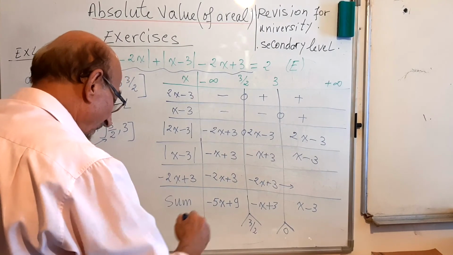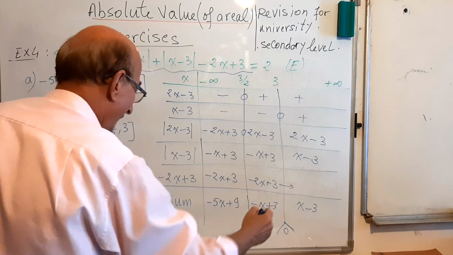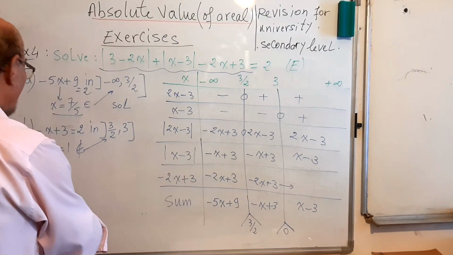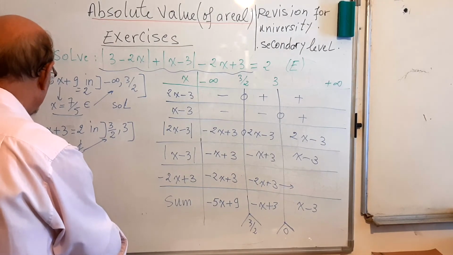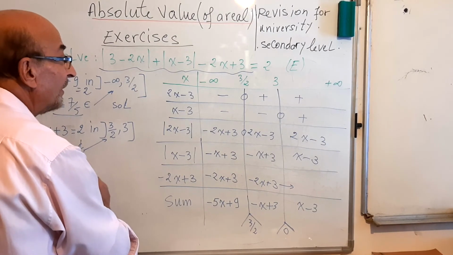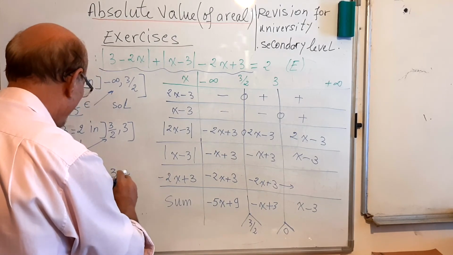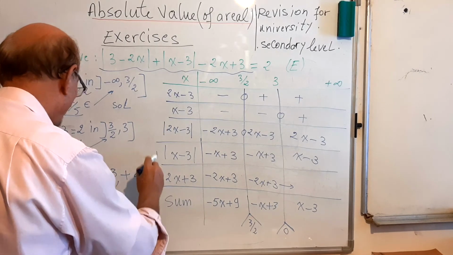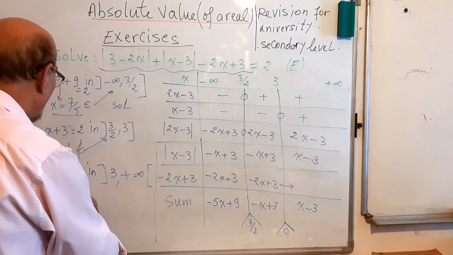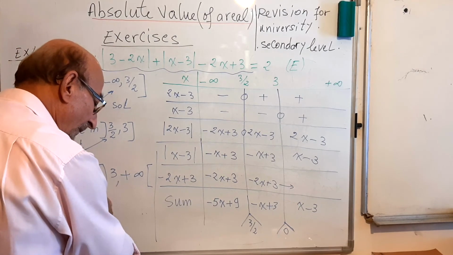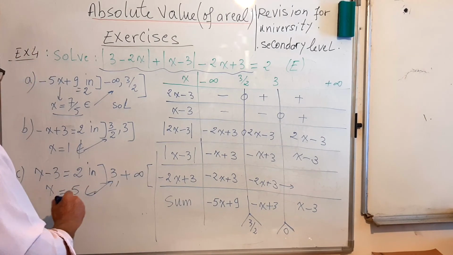Finally, in the interval 3 to plus infinity, the equation is x minus 3 equal to the right-hand side, which gives x equal 5. 5 belongs to the interval 3 to plus infinity.